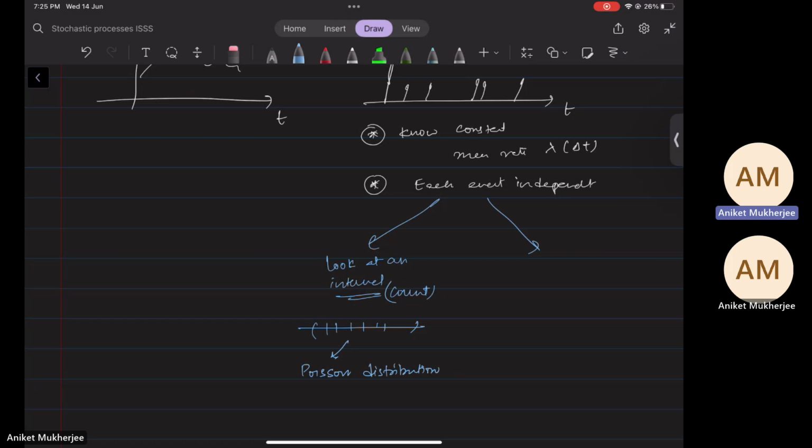The other way is you look at the time between two events, and you see that it's an exponential. So these are the two ways you can define a Poisson process.